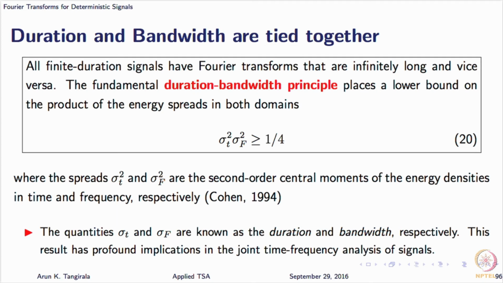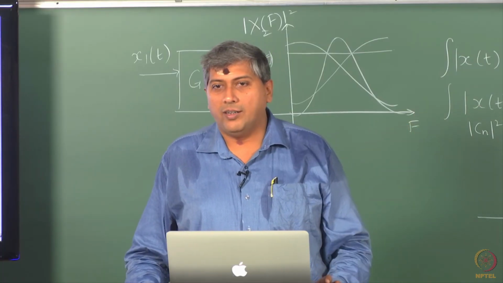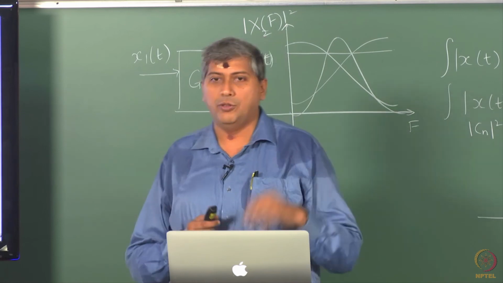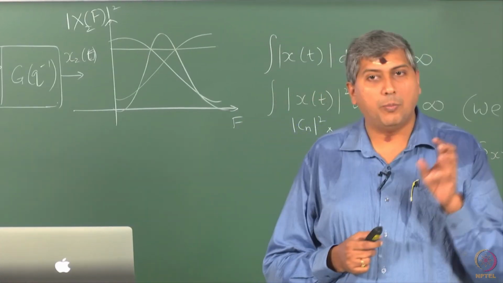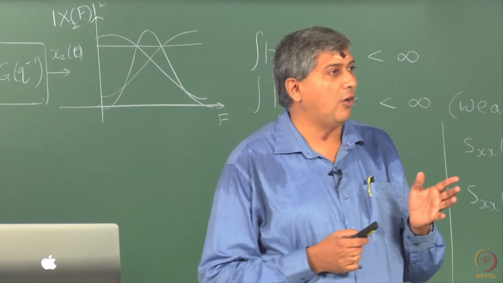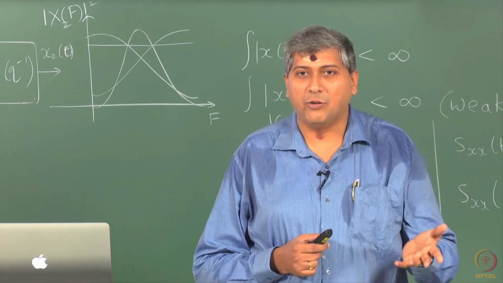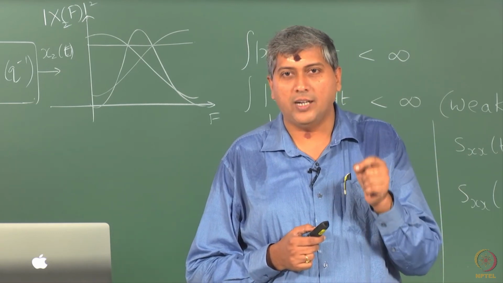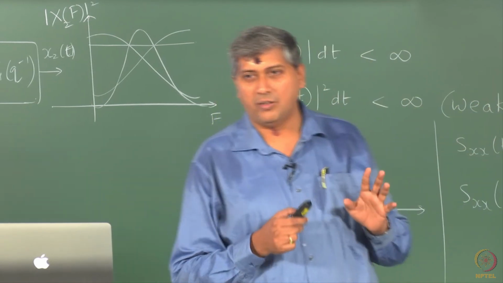The Heisenberg's uncertainty principle, right, which says that you can't really measure the position and velocity of a particle with arbitrary accuracy at the same time. If you have located a position, then you have huge uncertainty about its velocity and vice versa.